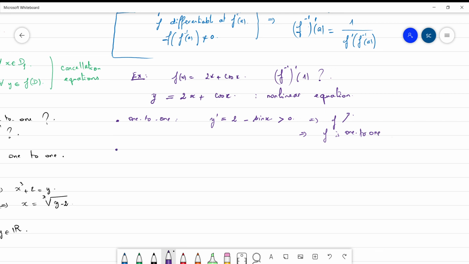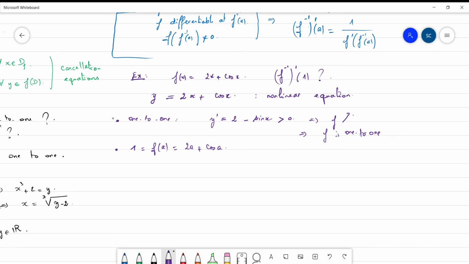I will need the value 1, which is f of some a. So what value a can I substitute here? 2a plus cosine a. Which a can I choose so that I get 1? Since it is monotone, if I can find one, it is the only one.